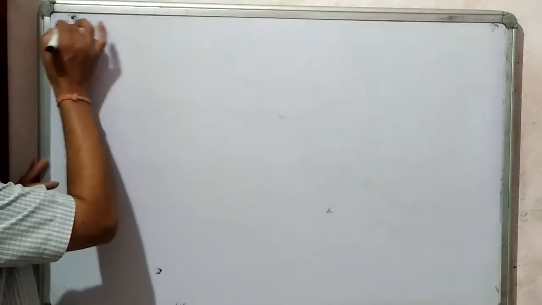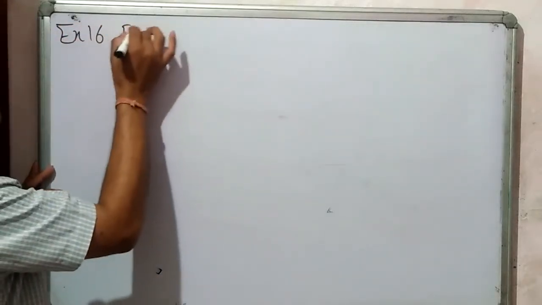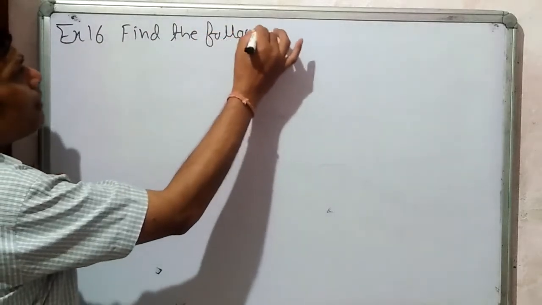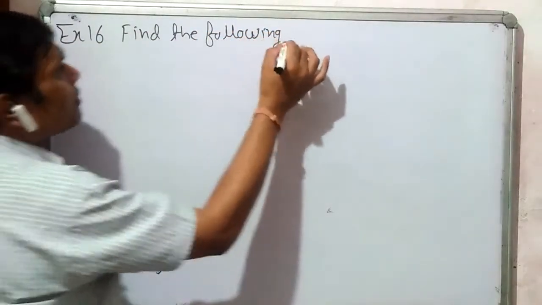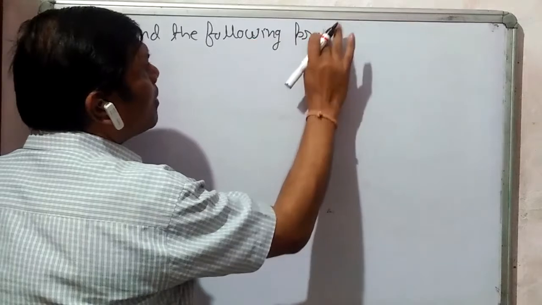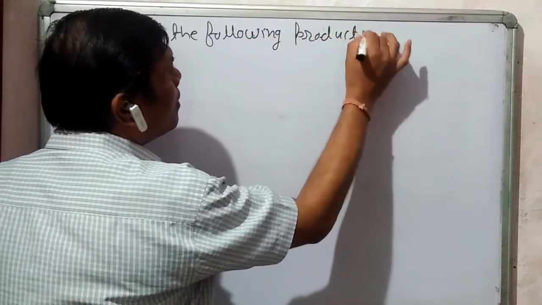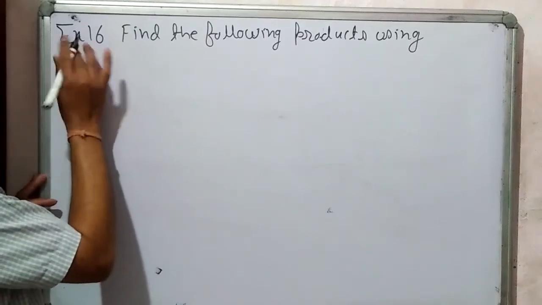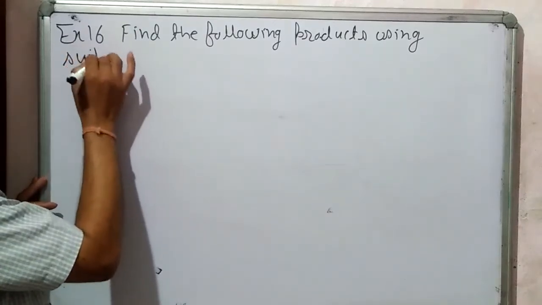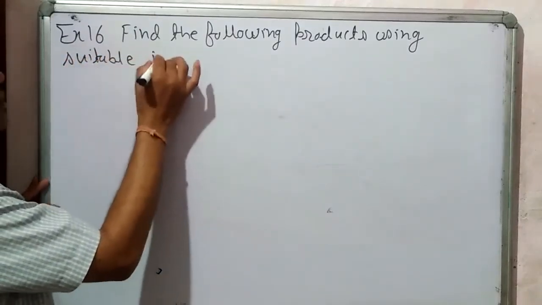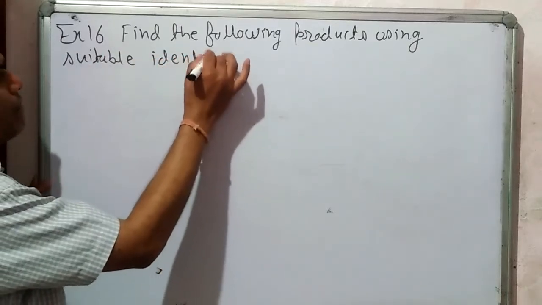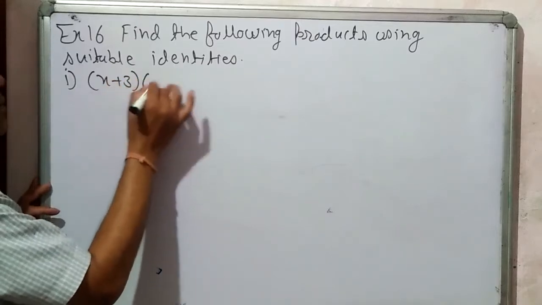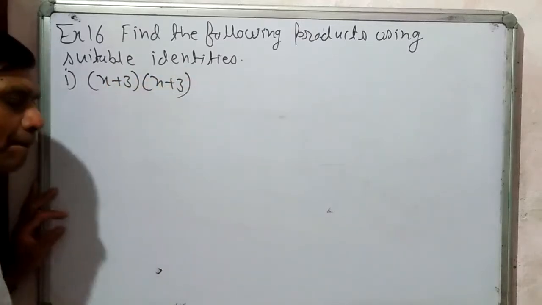Example number 16 is saying, find the following products using suitable or appropriate identities. We have two parts in it. The first part is (x plus 3) multiplied with (x plus 3).